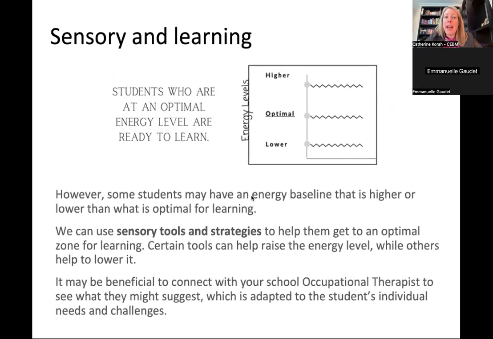Some students may have an energy baseline that is higher or lower than what is optimal for learning. We can use sensory tools and strategies to help them get to that optimal zone of learning. For example, fidgets, a flexible seat, or a weighted animal can help our neurodiverse population concentrate better.